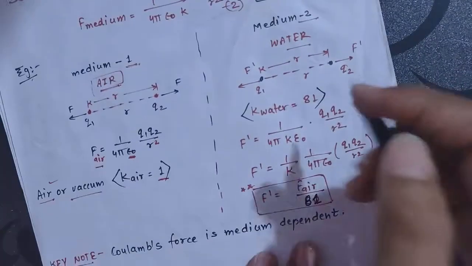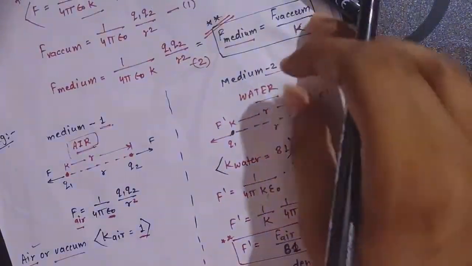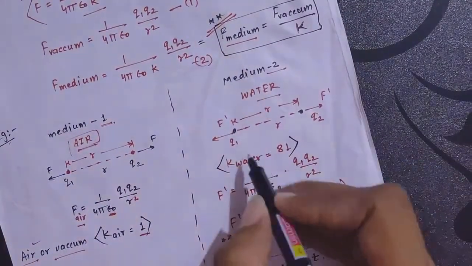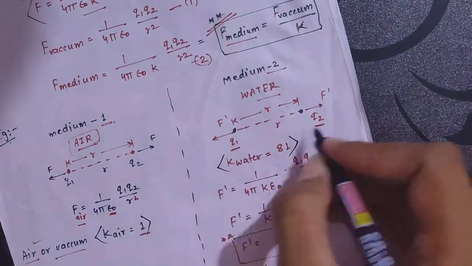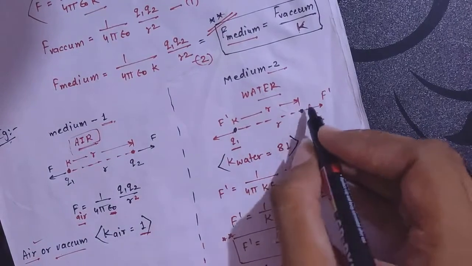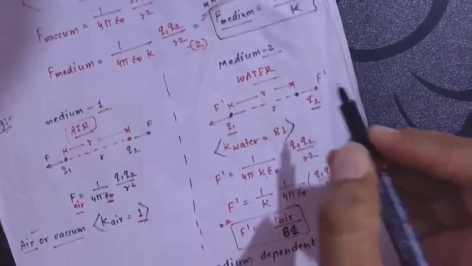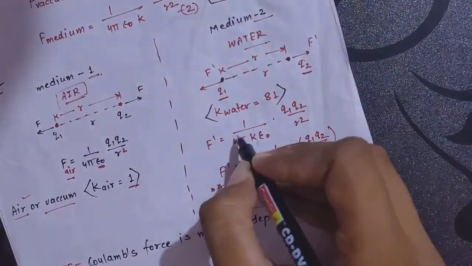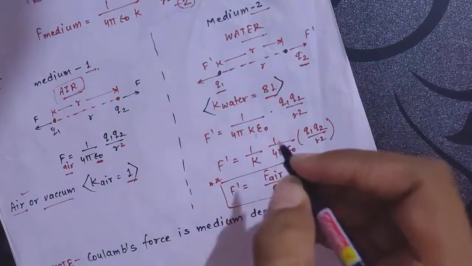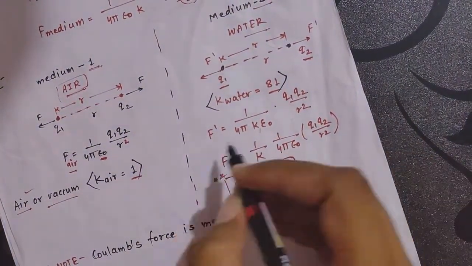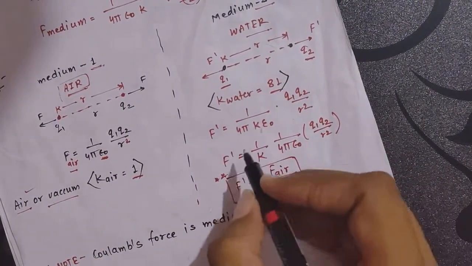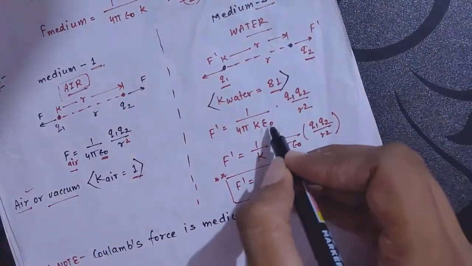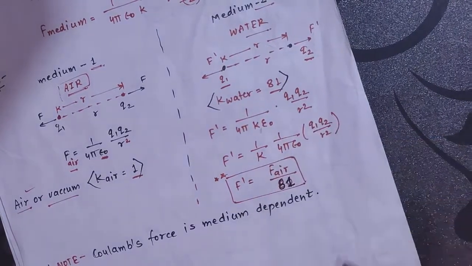Okay. Second, the medium is water. So the charges of magnitude Q1 and Q2 are situated at a distance r in water. The dielectric constant of water is 81. So here we write the force F dash equal to 1 upon 4 pi epsilon naught K times Q1 Q2 upon r square.